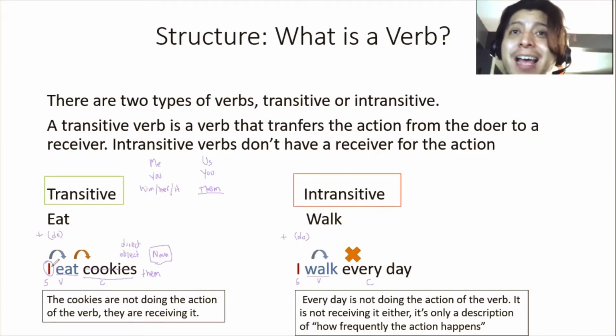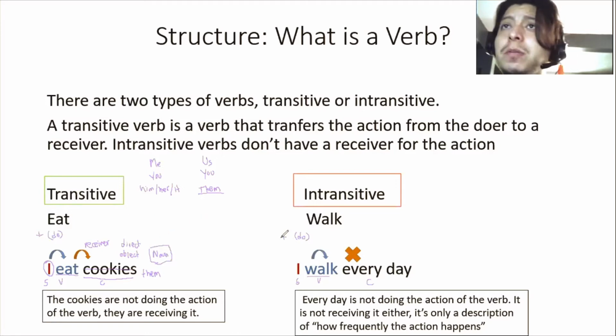In this case, I am the person doing the action. The action is eating, okay? The cookies are not doing anything. The cookies are receiving. They are the receiver of the action of being eaten. The cookies are just there, and somebody takes them and eats them. They suffer being eaten, so they are the direct object.